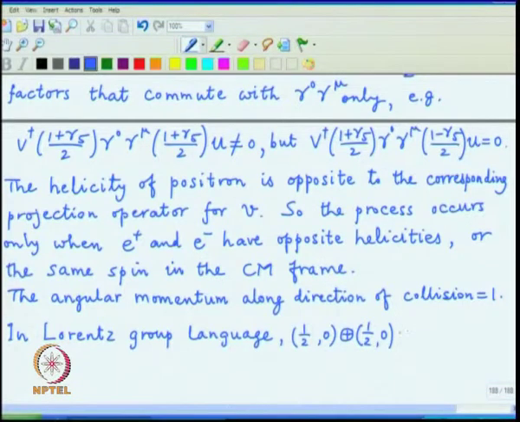So, when you combine these two, you get the states. Well, this is a tensor product, and the simple angular momentum addition rules say that this gives these two states.